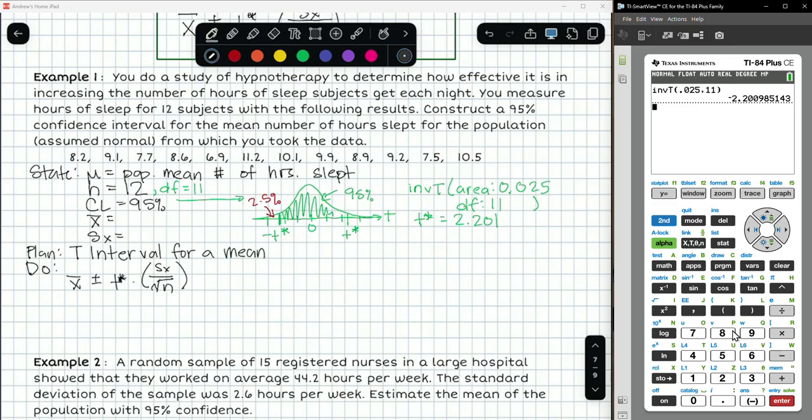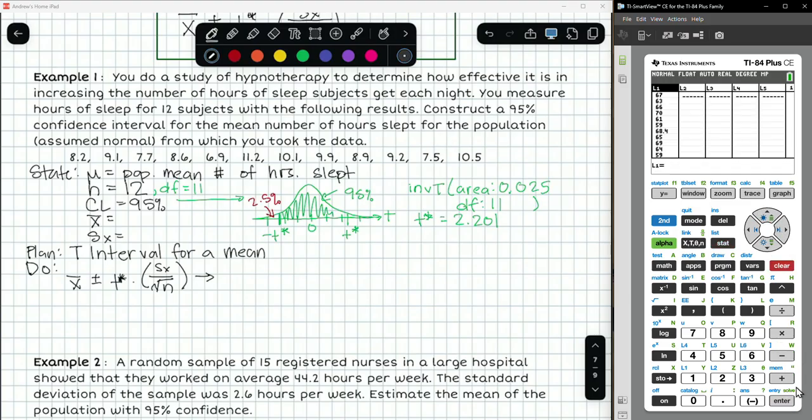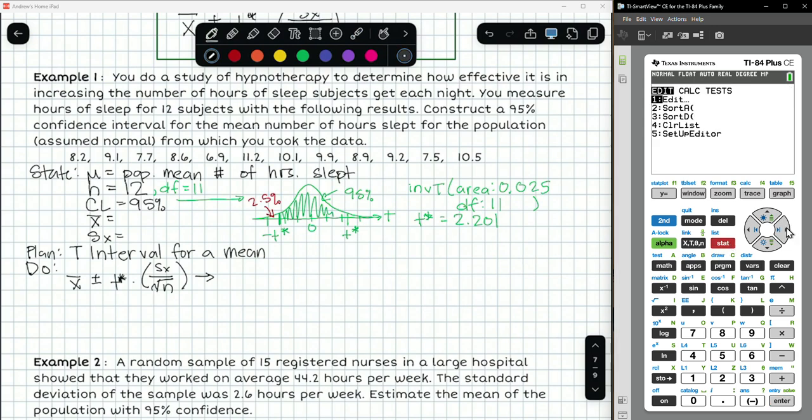And now I need that Sx and that x bar. So I'm going to, on the calculator, go stat, enter, and I'm going to put that data in list 1. I'm going to go ahead and pause here so you don't have to watch me do that. Now that our data is in the calculator, we can go ahead and run 1var stats.